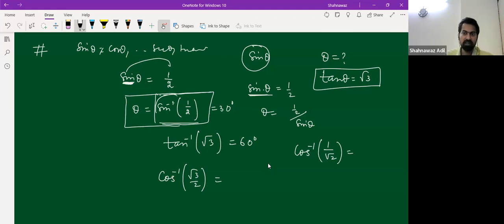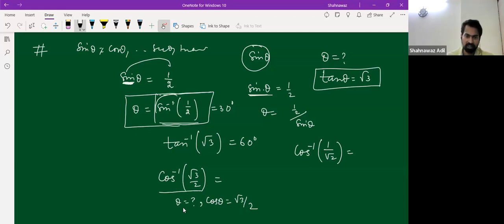First understand its meaning: at what value of theta do you get cos theta to be root 3 by 2?